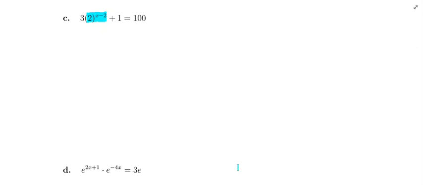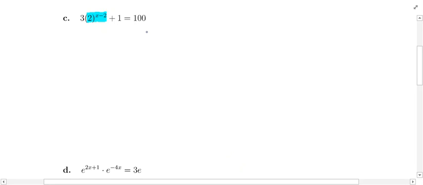So we have some extra noise on the left side. We've got the times 3, we've got the plus 1. We need to get rid of that stuff. I'm trying to first get this 2 raised to the x minus 2 power by itself. So the first thing I'm going to do is get rid of the 1. I'm kind of doing the order of operations backwards.